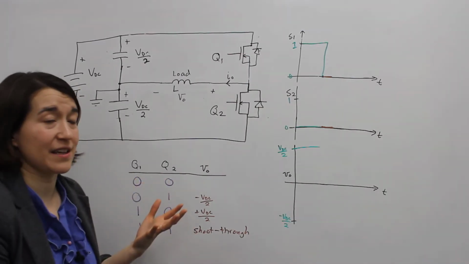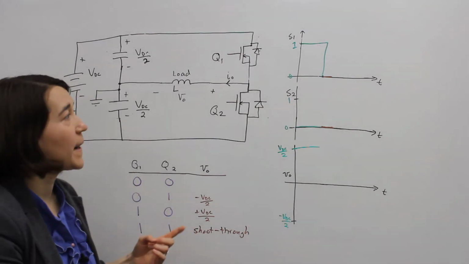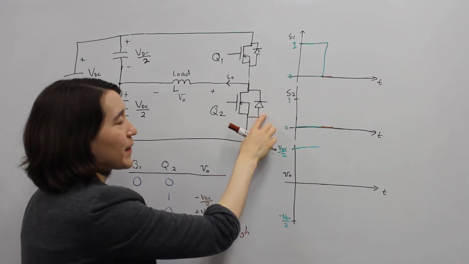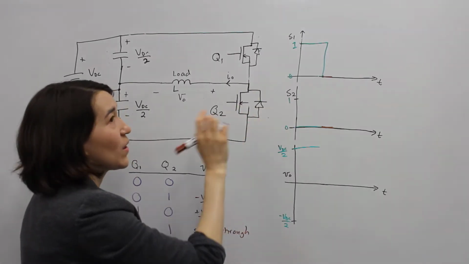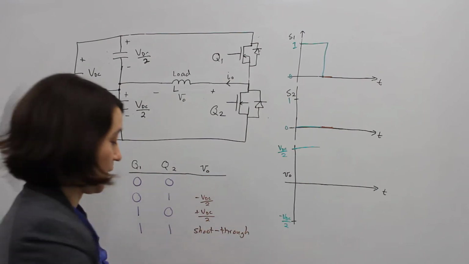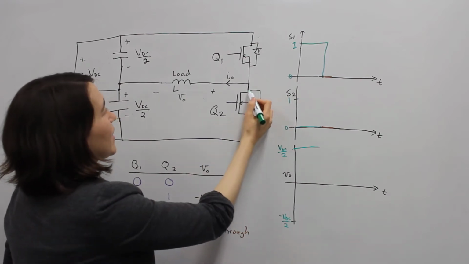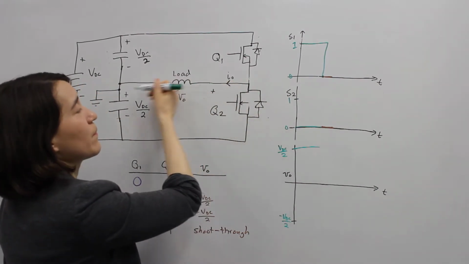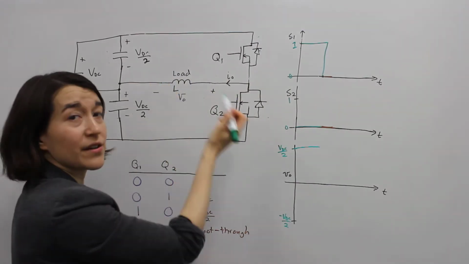Before that was a violation of KCL, but because we have these anti-parallel diodes, these body diodes, we can still make it work. Current will still be able to flow. Let's say that current is flowing this way, so into our inductor.